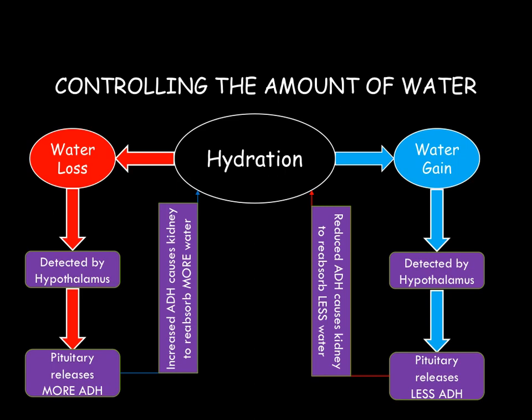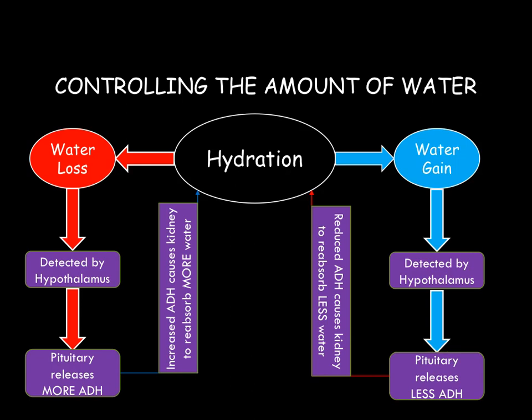Because we are releasing less ADH, the kidney will reabsorb less water. This means that more water will pass through the nephron into the collecting tubule, meaning that the urine will be of lower concentration due to there being more water. There will also be more volume of urine.